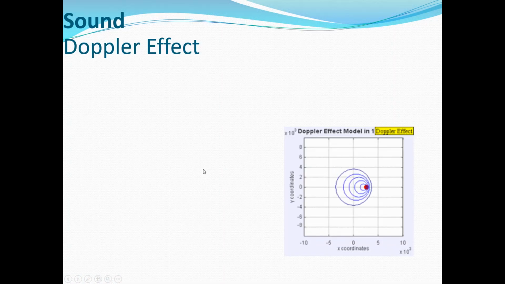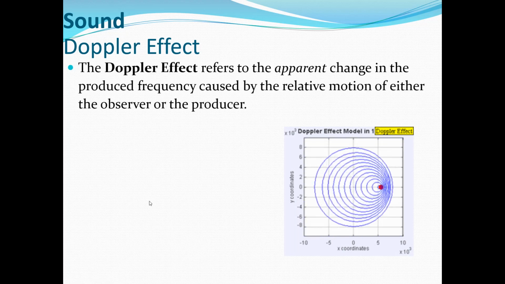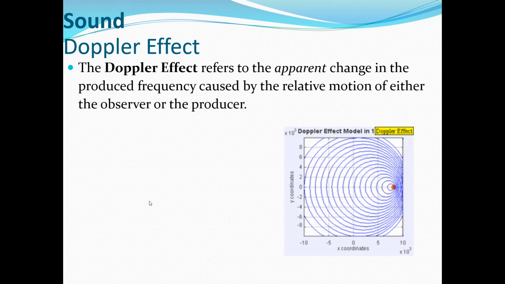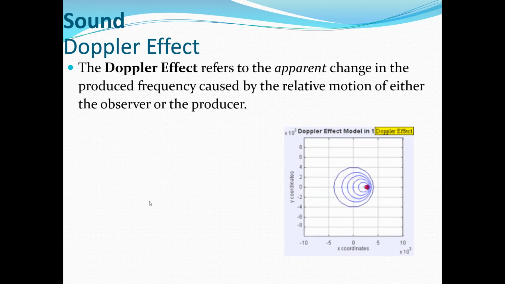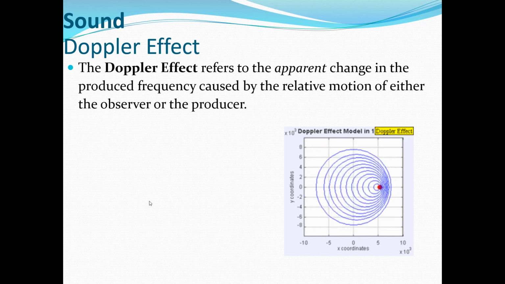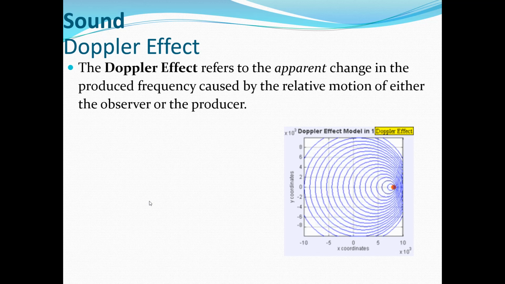All right. Another thing with sound is the Doppler effect. The Doppler effect is the apparent change in the frequency. Now, this is not something that is unique to sound. It's just that this is one of the ways where it's more noticeable. Anyone who's taken astronomy knows that we do have the Doppler effect with light and light waves, but normally that's not the most common.